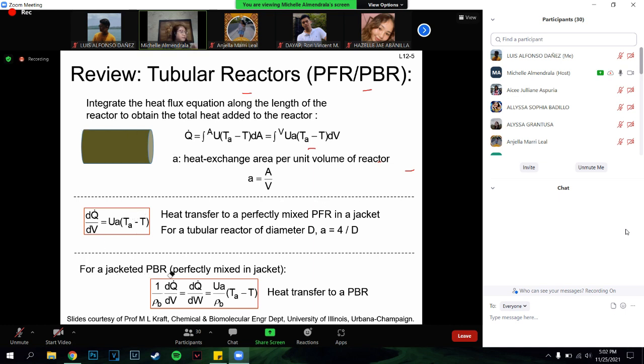So for a jacketed PBR, perfectly mixed in the jacket, this is now the energy balance, the heat transfer.